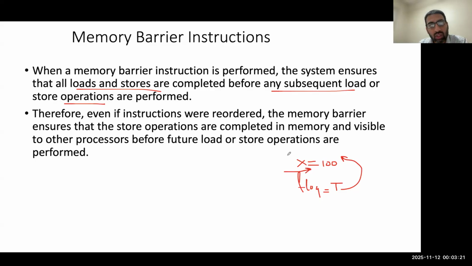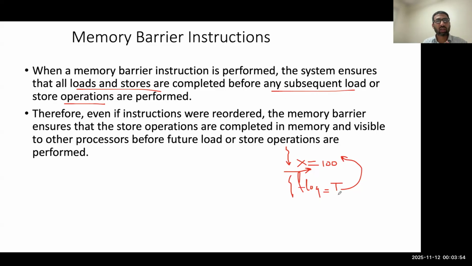is that all instructions before the memory barrier must be executed before all the instructions which follow the barrier, which means that it is not possible for the compiler to reorder the instructions, right? As a result, we will be able to see our expected result, or the correct result, in that toy example, right?